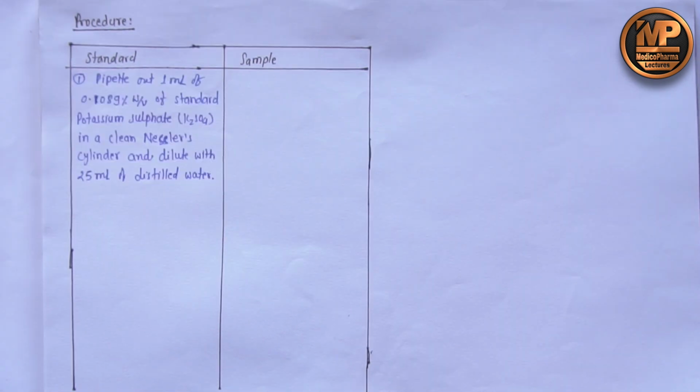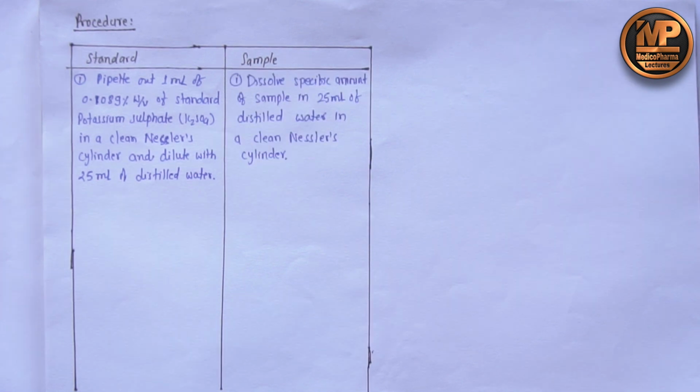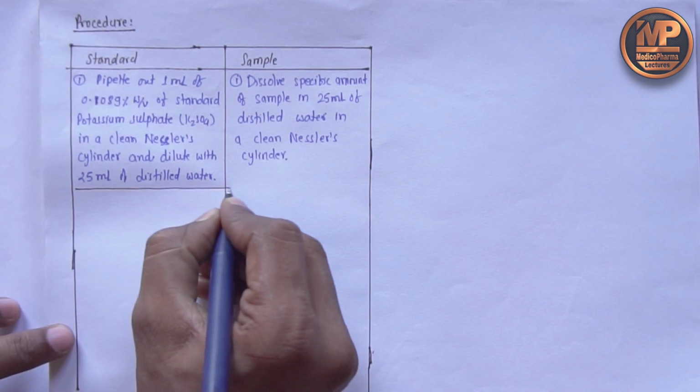Okay. So under a standard, pipette out 1 ml of 0.1089% weight by volume of a standard potassium sulfate in a clean Nessler cylinder and dilute with 25 ml of distilled water. Okay. Now coming to the sample, dissolve a specific amount of sample in 25 ml of distilled water in a clean Nessler cylinder.